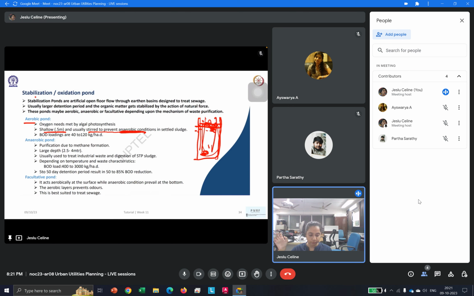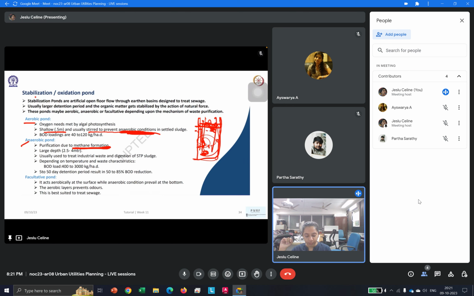Even if you're supplying oxygen, it is more prone to anaerobic conditions at certain regions. That's why you keep stirring it and maintain a very shallow pond. Then you have the anaerobic process, where methane is formed, so purification is due to methane formation.